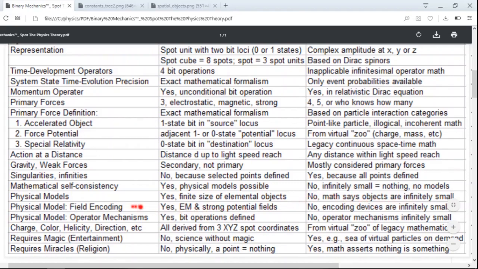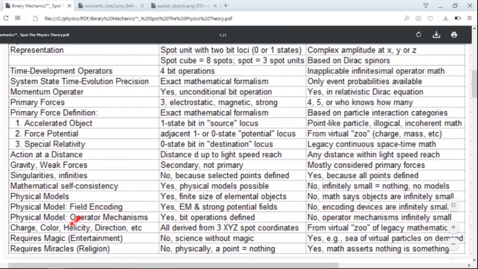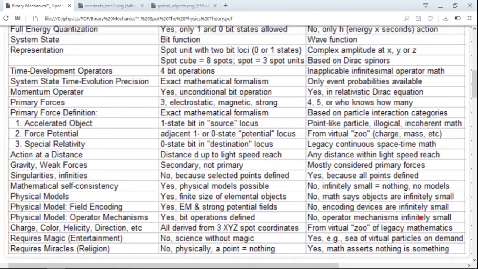And physical models involve field encoding and operator mechanism. In binary mechanics, we have the EM and strong potential fields, whereas in the past, the encoding devices are infinitely small, so they don't even exist. The operator mechanisms, yes, we have the bit operation defined, but in legacy theory, the operator mechanisms are proposed, but they're infinitely small, so they actually don't exist.